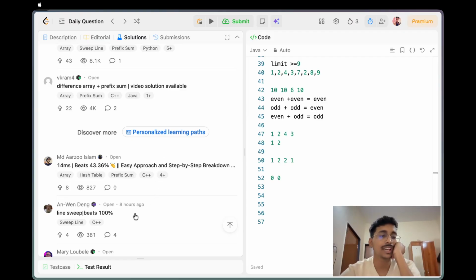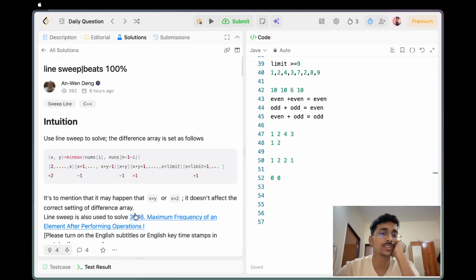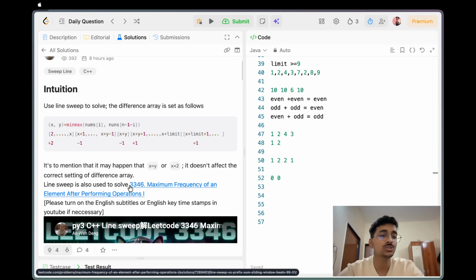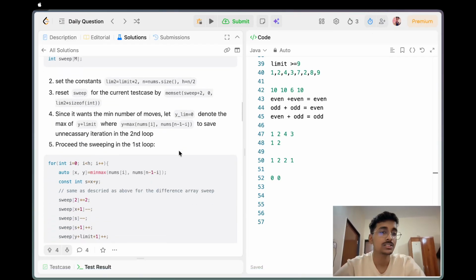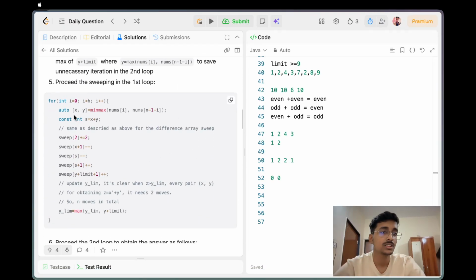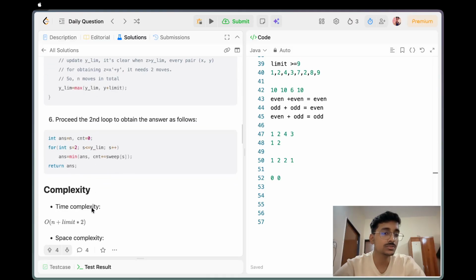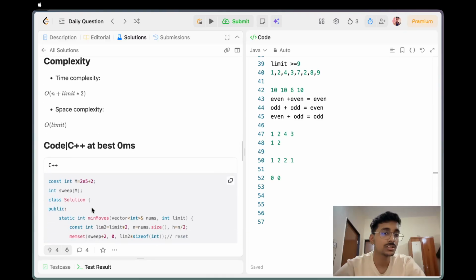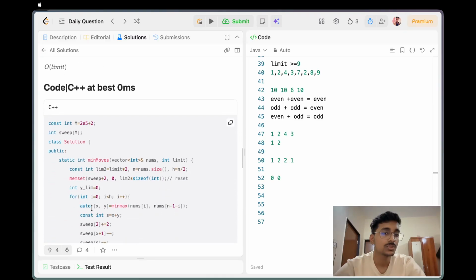Line sweep. What is it, bro? For the first time I hear this term, line sweep. Line sweep is also used to solve this maximum frequency of an element after performing operations. What is it, bro?